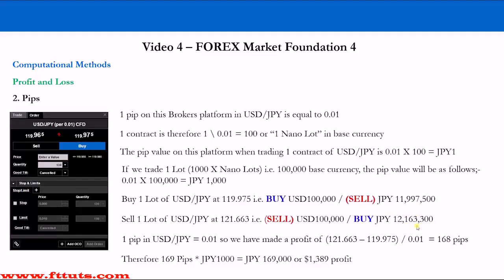12,163,300 Japanese yen. So one pip was spot 0.1, which means we've made a profit of the difference divided by spot 0.1, which is equivalent to 169 pips. So we'll just round it up to 169 pips times 1,000 yen is 169,000 yen. To work it out in the base currency, we just divide by the current exchange rate.